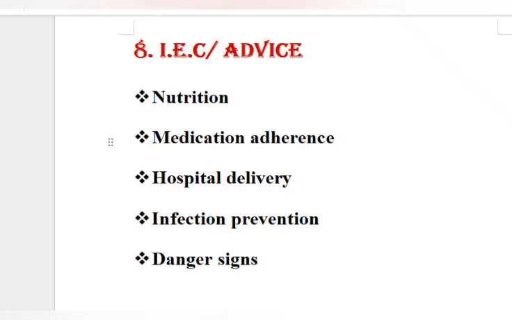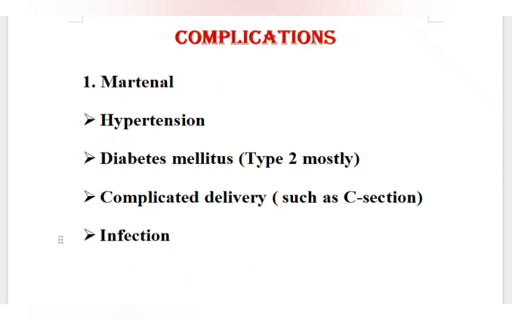So then let's now talk about the complications. We have the maternal complications as well as the fetal complications. Among the maternal complications is hypertension. Hypertension may result from DM. Remember the kidneys are involved, all that stuff.